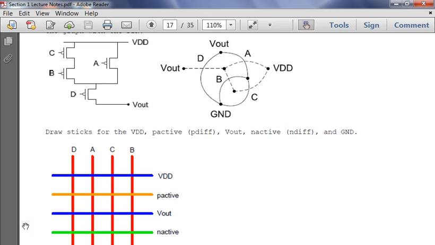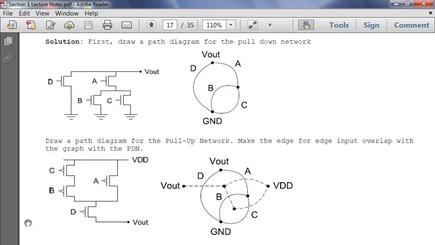Okay? So that's blue, and then we're going to use P active, which is orange, and N active is green. And for poly, choosing the order is based on your path diagram.